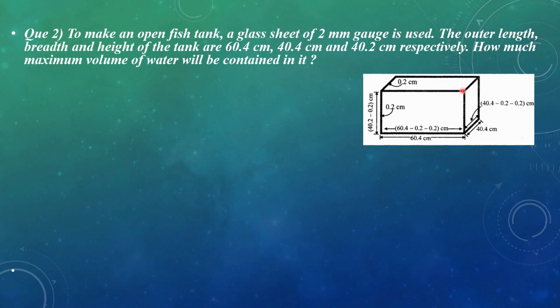Now here the length is given as 60.4 cm, height is given as 40.2 cm and breadth is given as 40.4 cm. Now we have to consider the thickness of the glass sheet to find the volume of water contained in it. The thickness is 0.2 centimeter.